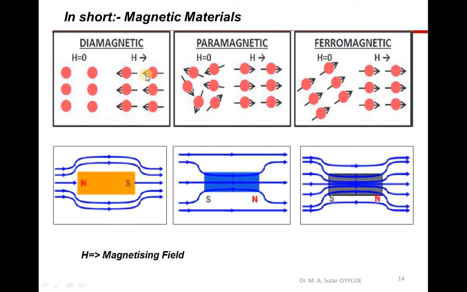Here, magnetized in opposite direction, weakly magnetized in the same direction, strongly magnetized in the same direction. The magnetic lines of force are deviating. Here they are penetrating but in less proportion. In this case, penetration is very high.